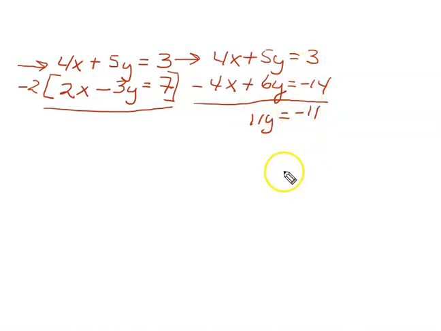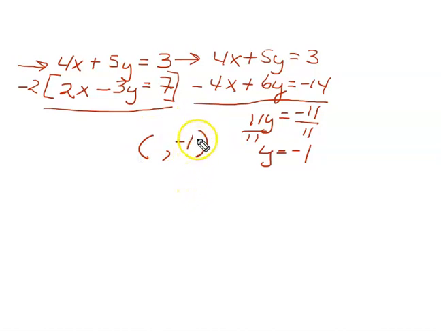Okay. So now when I solve for my letter y here, I divide both sides by 11 and get y equals a negative 1. So in my ordered pair, I get my y value as a negative 1.